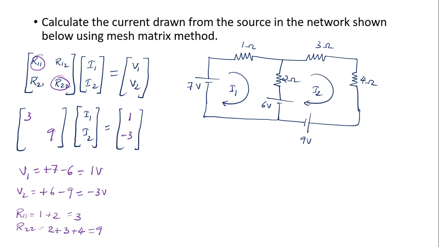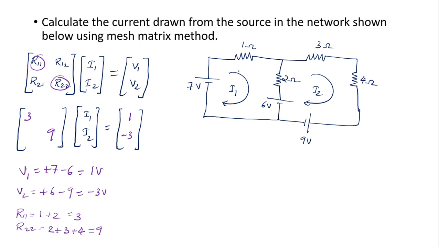Now for the off diagonal resistors. If it is resistance R12, 1 and 2, that means you need to check the value of resistors that are common to mesh 1 as well as mesh 2.